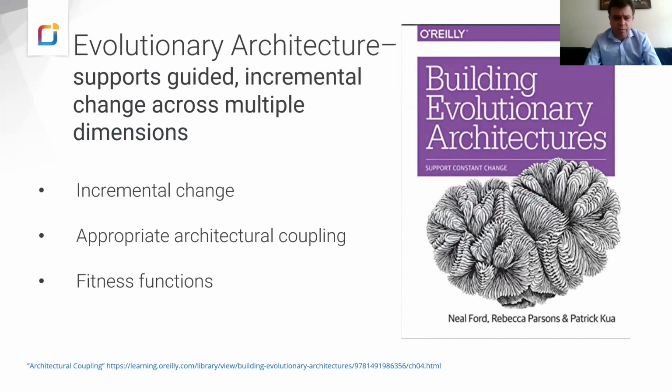This is a wonderful book released several years ago, Building Evolutionary Architectures by Neal Ford, Rebecca Parsons, and Patrick Kua, people who are known for their work at ThoughtWorks, even though many of them don't work there. They talk about writing an architecture which supports things like incremental change, appropriate coupling, and also fitness functions. So the goal is to move quickly and be flexible.